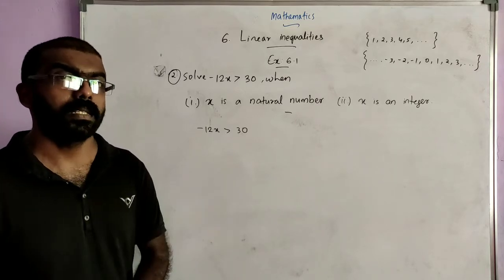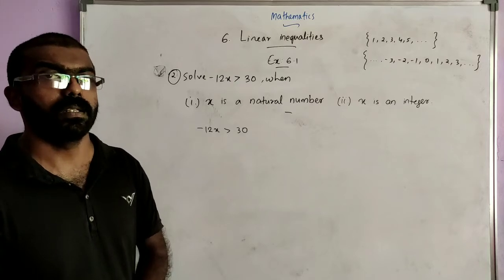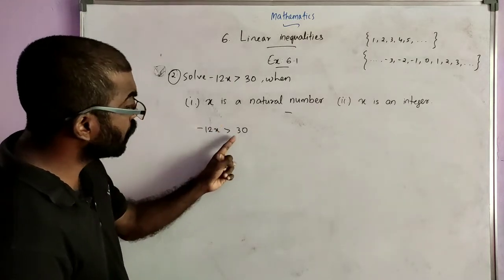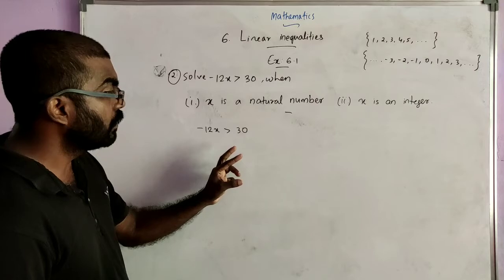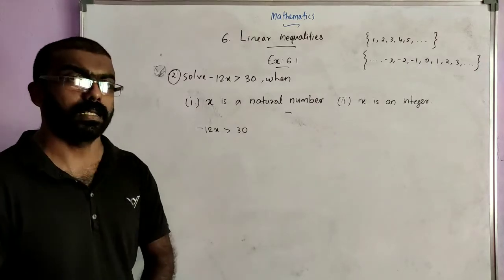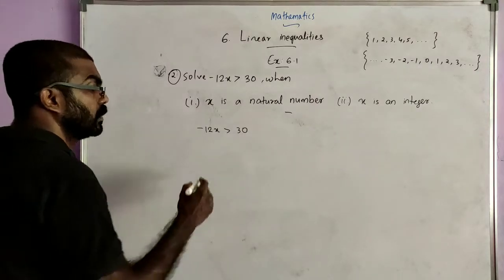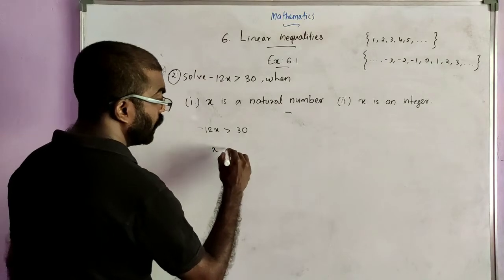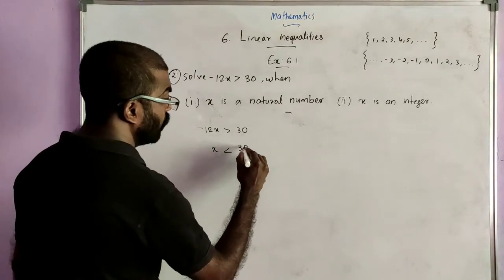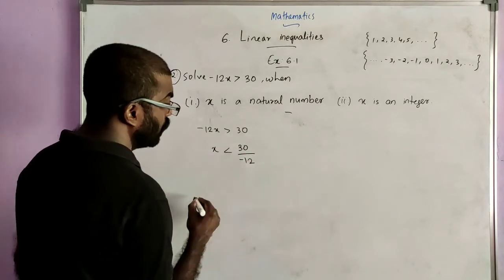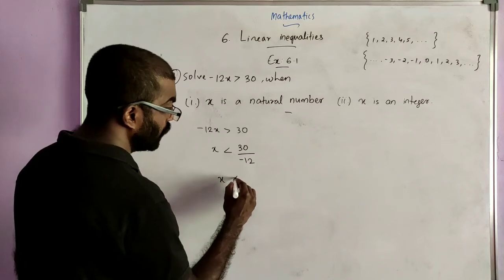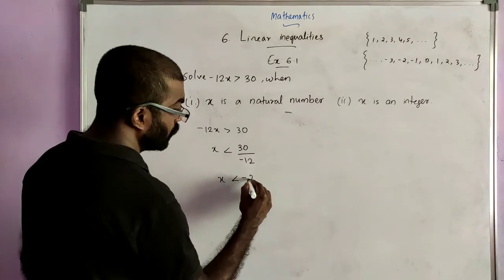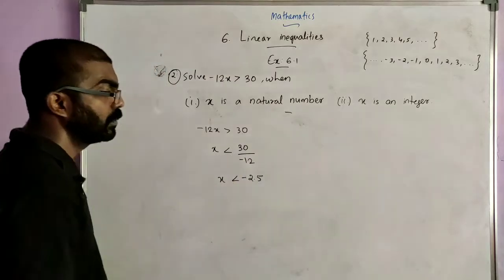We have to change the sign of the inequality. That means here the sign of the inequality, greater than, we have to change into less than. So x is less than 30 by minus 12, and on dividing we get x is less than minus 2.5.